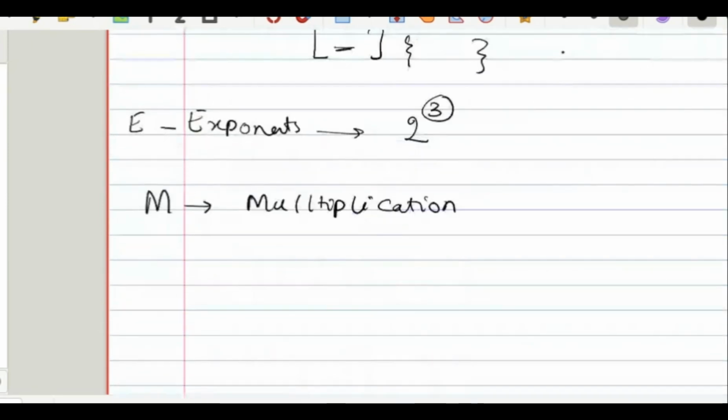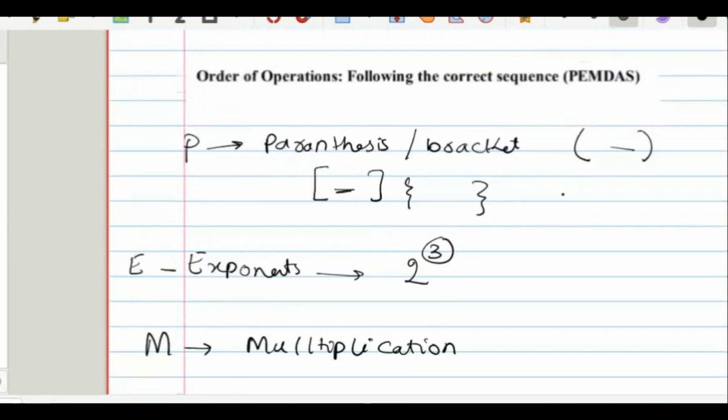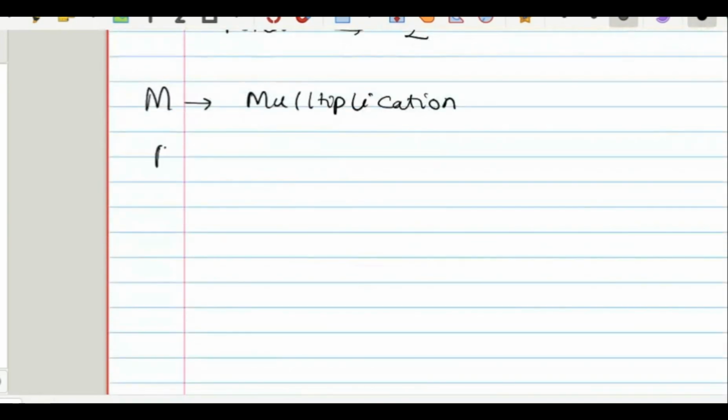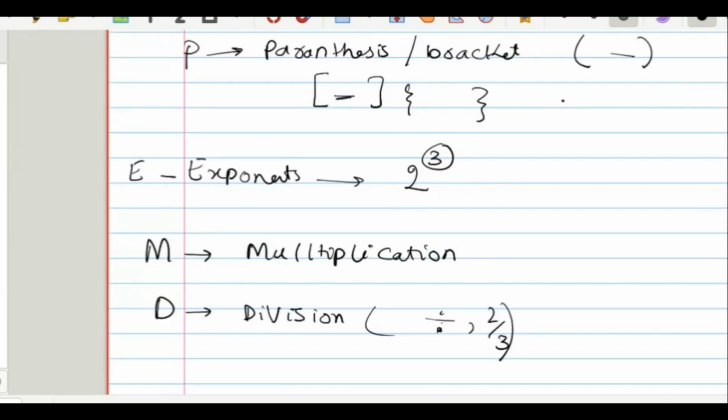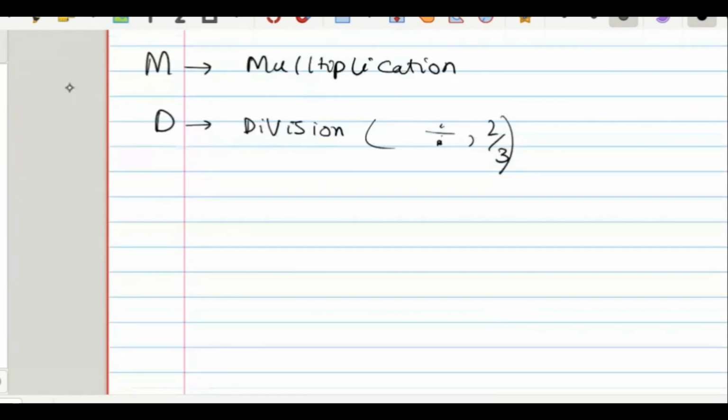So this is PEMDAS. Now what does D stand for? D stands for division. Let me write the division. Division is very common in daily life, and we can also write it as 2 divided by 3, which is also called a fraction. D stands for division, and A stands for addition.